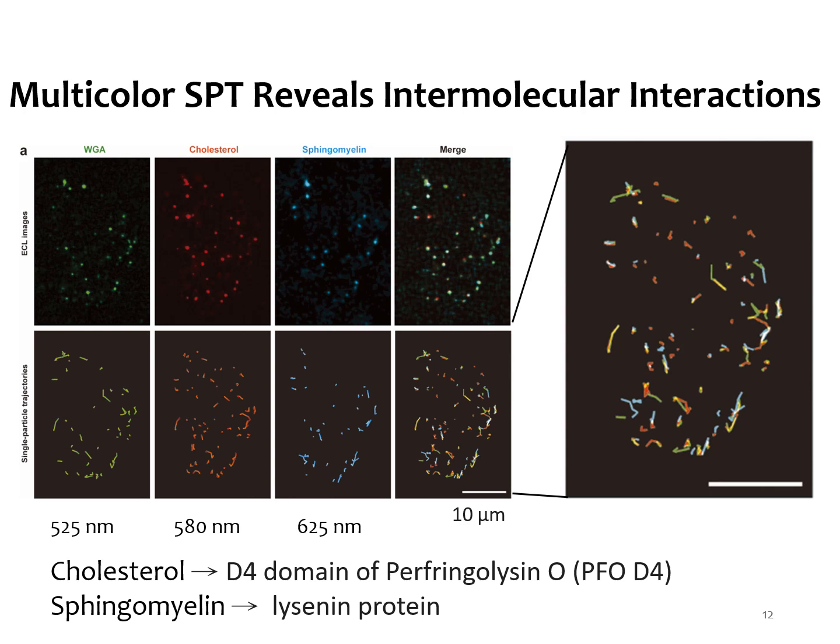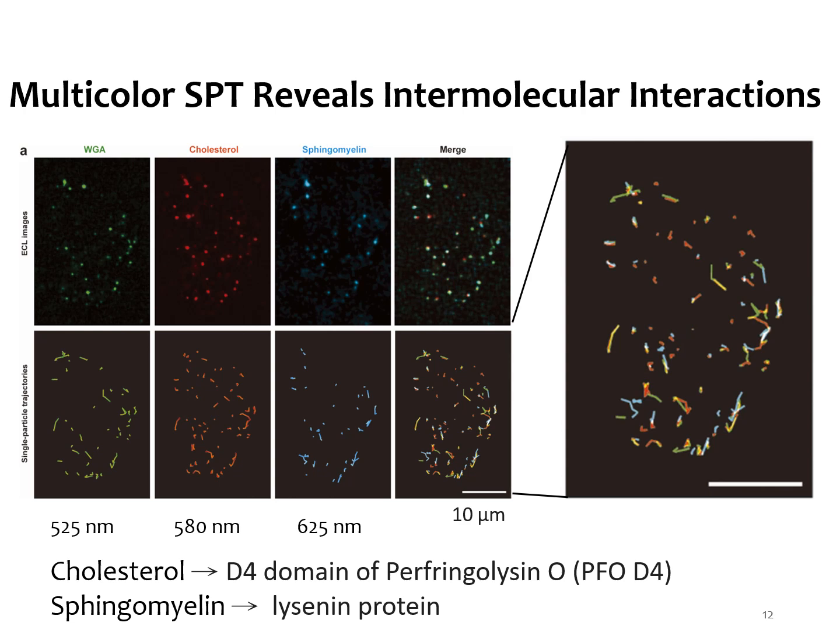In this experiment, we want to study how molecules move on the cell membrane. The major lipids in mammalian cell membranes are cholesterol and sphingomyelin.